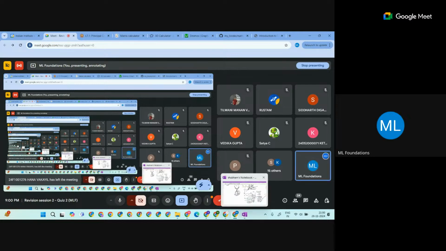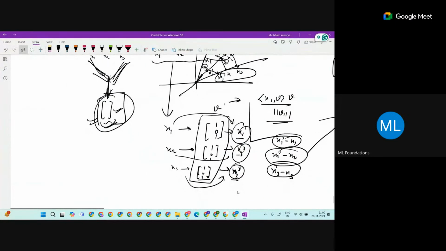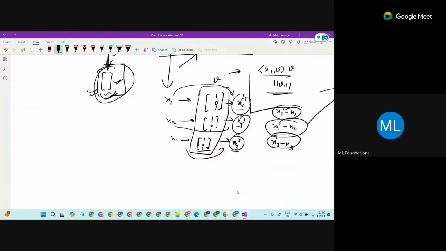So the question would be like this. Some data would be given, and it would be asked to project this data using PCA onto a one dimensional space, generally.